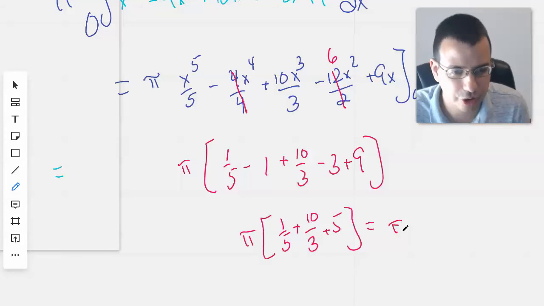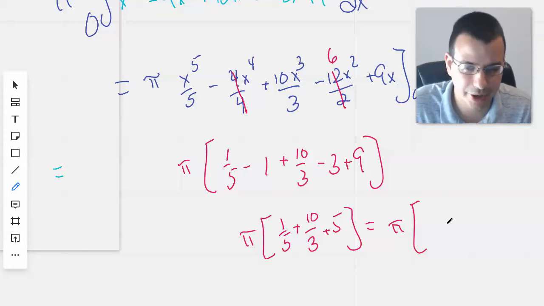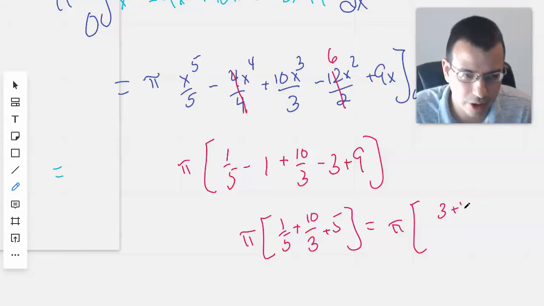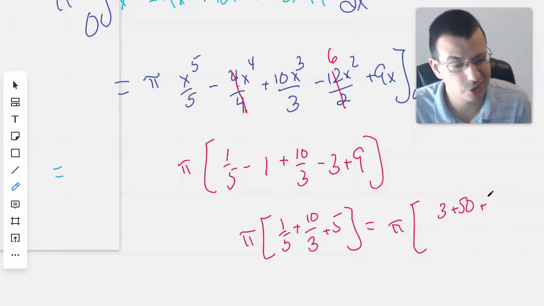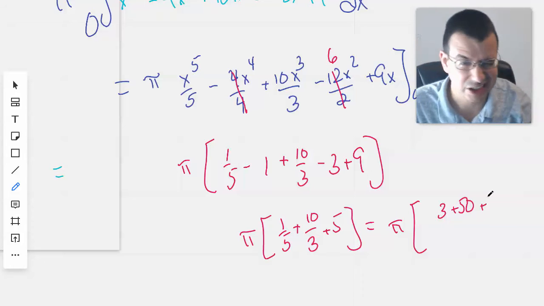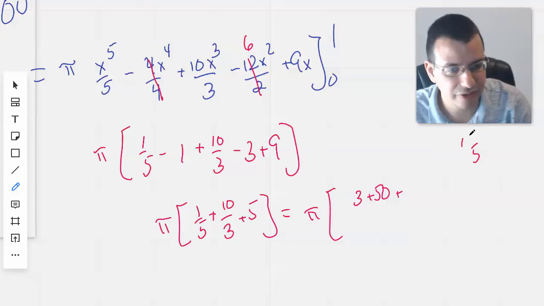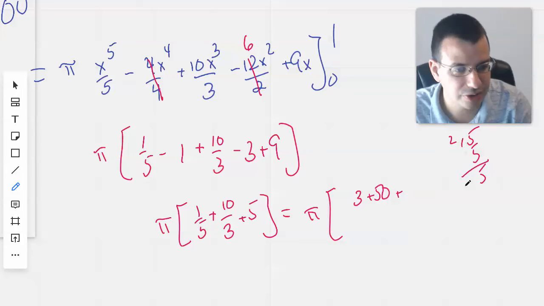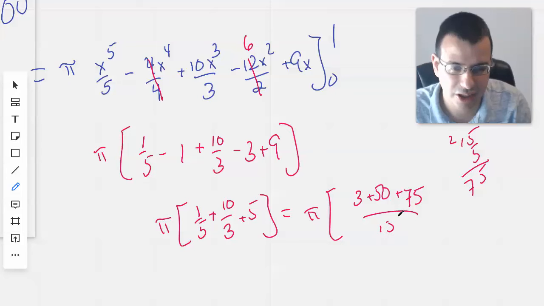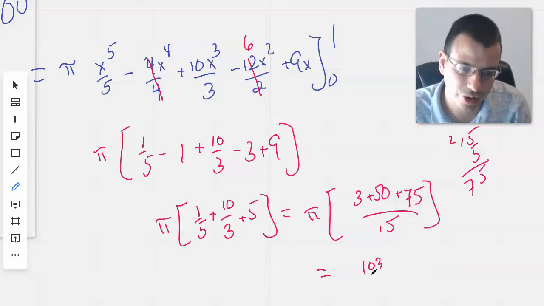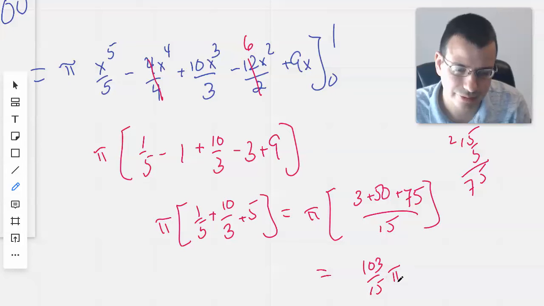Using 15 as the common denominator, 3 plus 50 plus 75 all over 15 equals 103 over 15. That sounds odd.